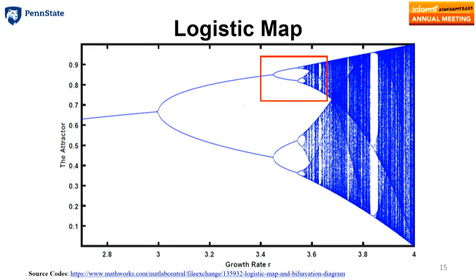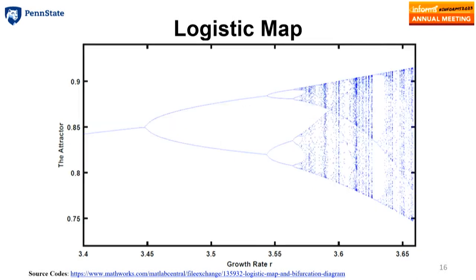Now let's zoom in again into this region, from approximately 3.4 to 3.6. This is the zoomed-in version. This is what people call self-similar behavior, or fractal behavior. The source code that I wrote to generate this example is publicly available on the MathWorks website. I just uploaded it to the File Exchange.